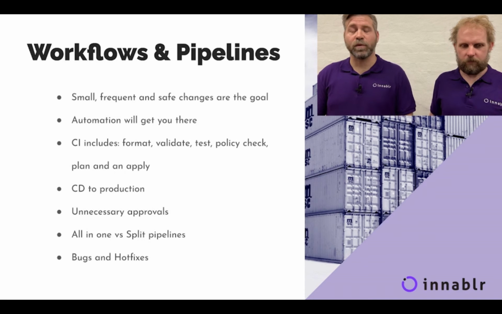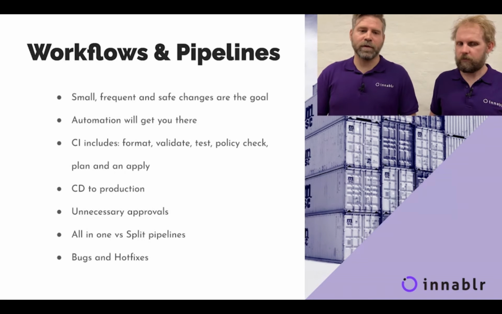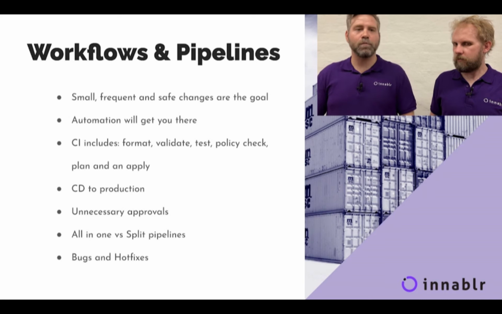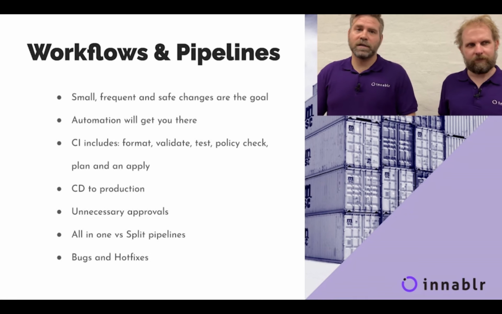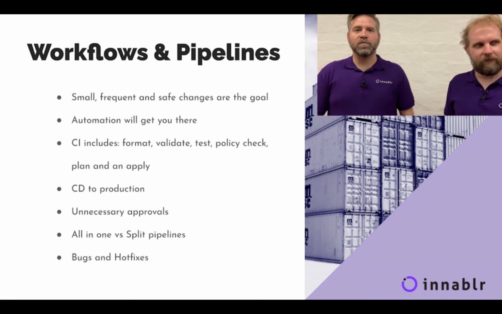This starts off with CI, and it's a very important step when it comes to environment progression, so that we can potentially do a hands-off deployment all the way to prod. We want to make sure our CI picks up everything that it can possibly pick up before we merge the PR. So this includes formatting the code, validating the code, testing the code, doing some sort of policy check.